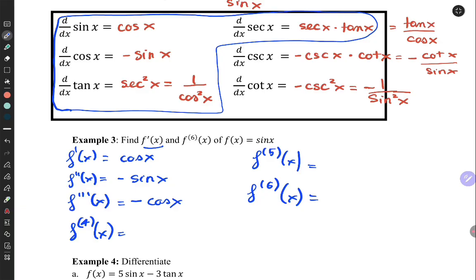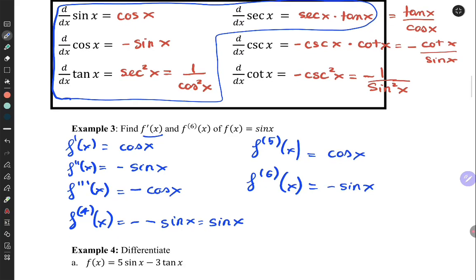So cosine is negative sine. There's a negative in there, and this negative. So negative, negative, positive. Right? And now you go one more round. Back to the cosine. To negative sine. See?